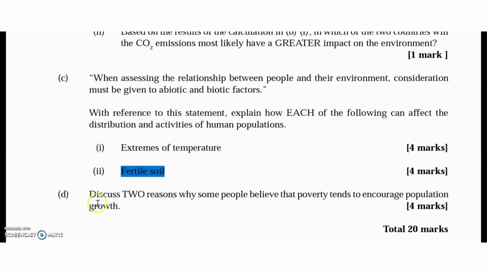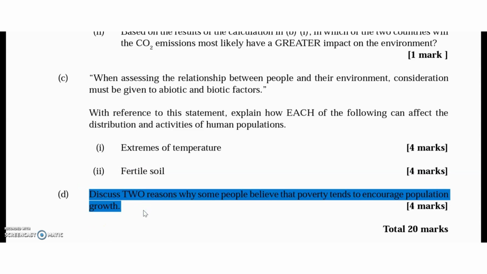Now, part D, very quickly, discuss two reasons why some people believe that poverty tends to encourage population growth. First and foremost, number one, some people have the wrong ideological perspective that if they have large families, it can be an opportunity to escape the clutches of poverty, with the false assumption that a larger number of persons in the household would mean more persons allowed to work.